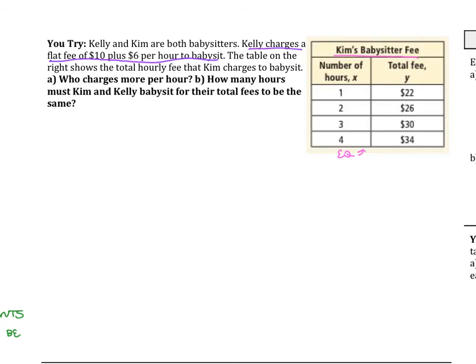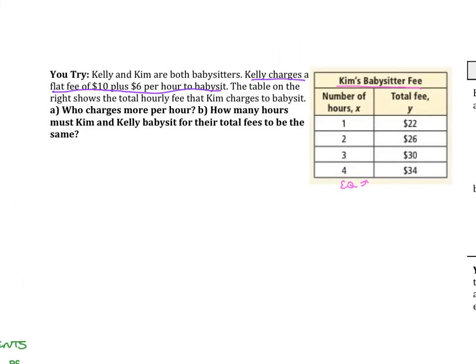This is a little tougher because you also have to write an equation for Kelly. So try to write that equation out. Once you find the two equations, you're going to see who charges more per hour. And then B, how many hours must Kim and Kelly babysit for their total fees to be the same? Pause the video and see if you can try this out on your own.